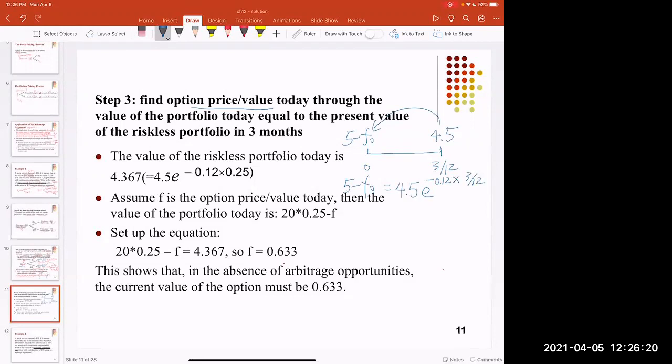Left-hand side is the value of the portfolio at time 0. Right-hand side is the present value of the expected payoff of the portfolio at the expiration day, right? We calculate the present value. So first, calculate the present value of the portfolio expected payoff.